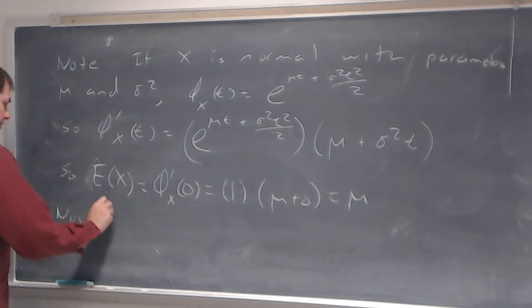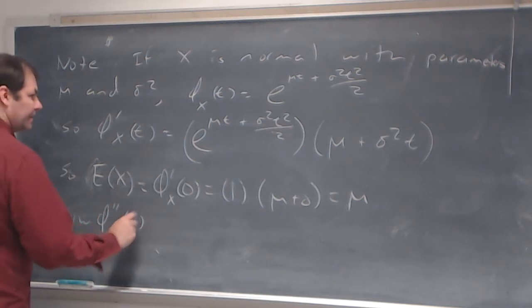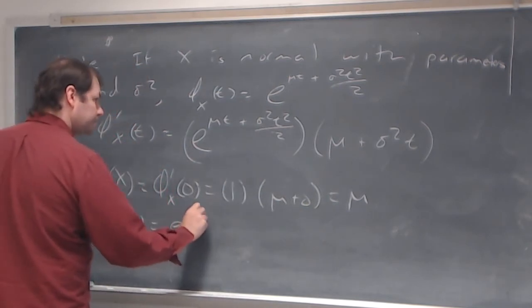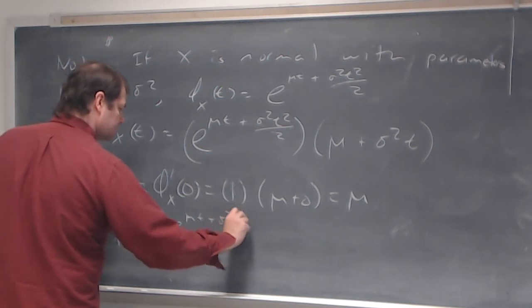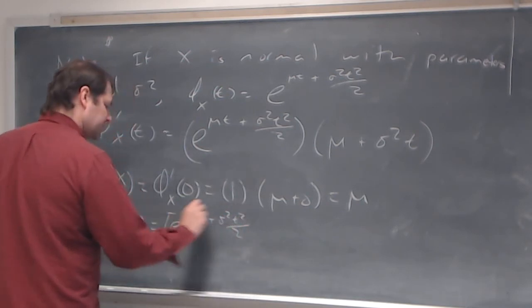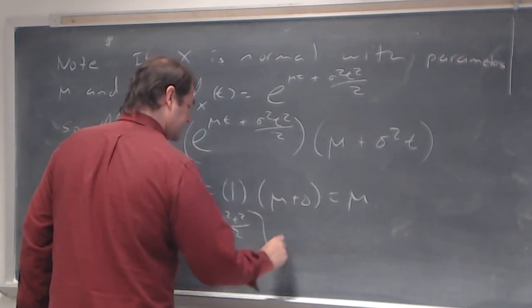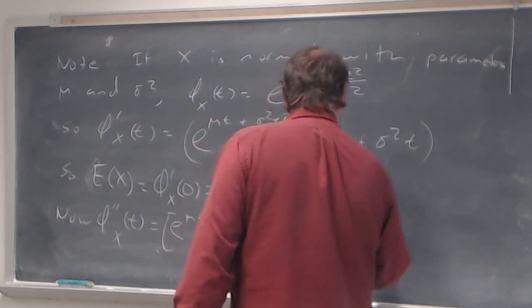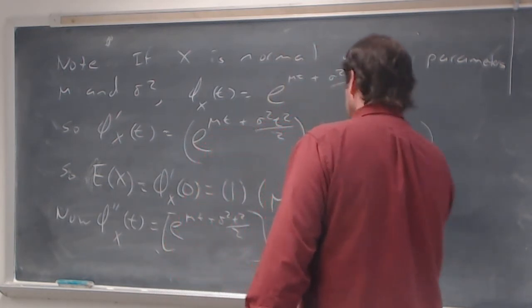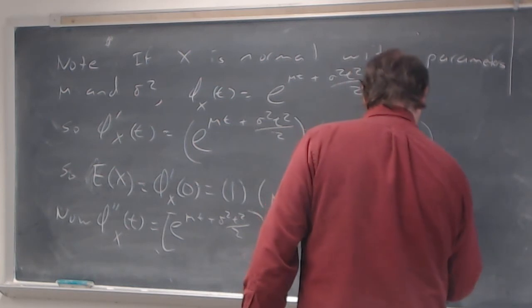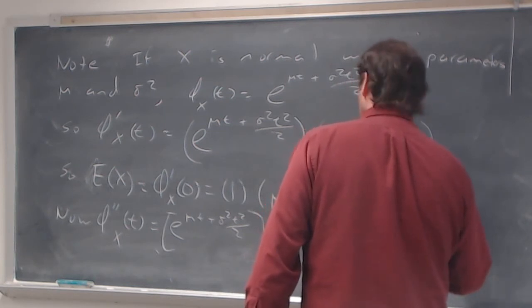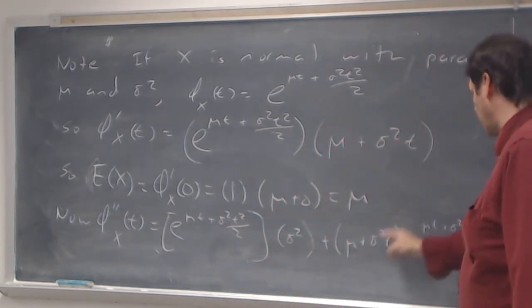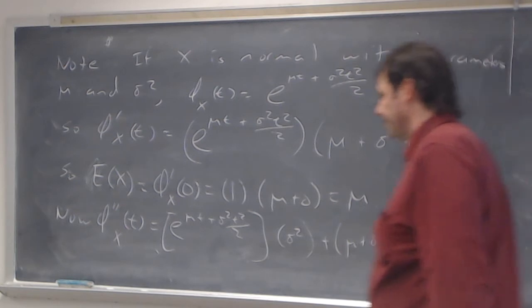Now, phi double prime of t is going to be the derivative of this, so we're going to have to use the product rule. I'll write down the first times the derivative of the second. The derivative of this with respect to t is just sigma squared, plus the second times the derivative of the first. The derivative of this guy is e to the mu t plus sigma squared t squared over 2 times the derivative of the power, which is exactly here, so it's this guy squared.